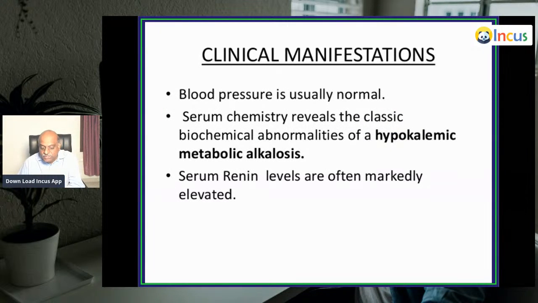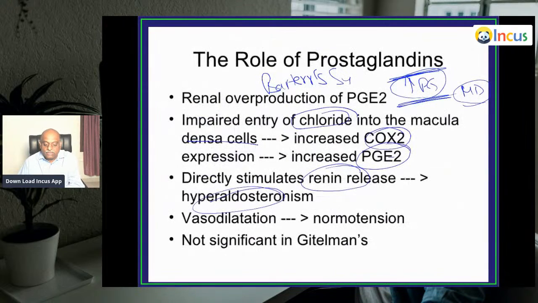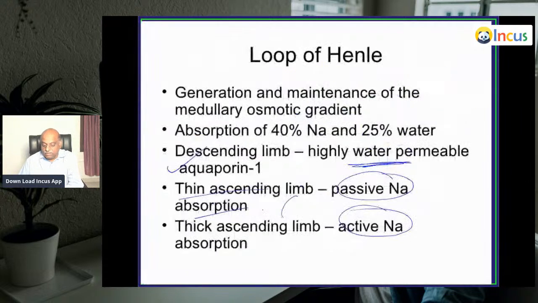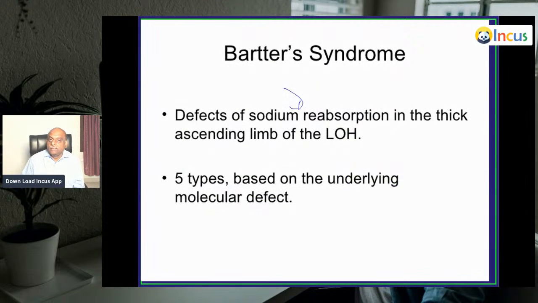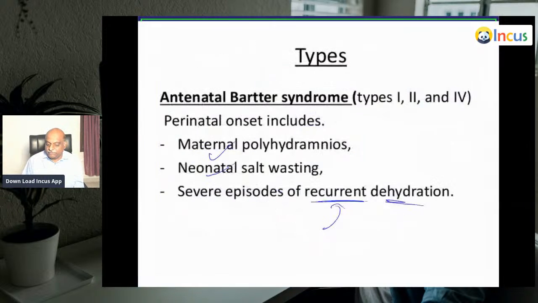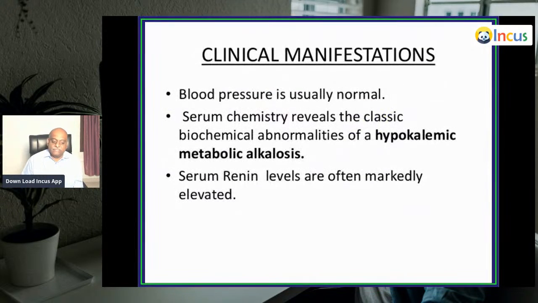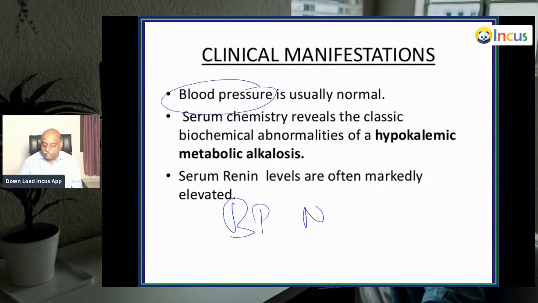But in these people, what's happening? Typically there's a defect in sodium reabsorption in the thick ascending limb of loop of Henle. That is the reason BP is normal in these people. BP normal in Bartter. That is the difference between Liddle and Bartter.